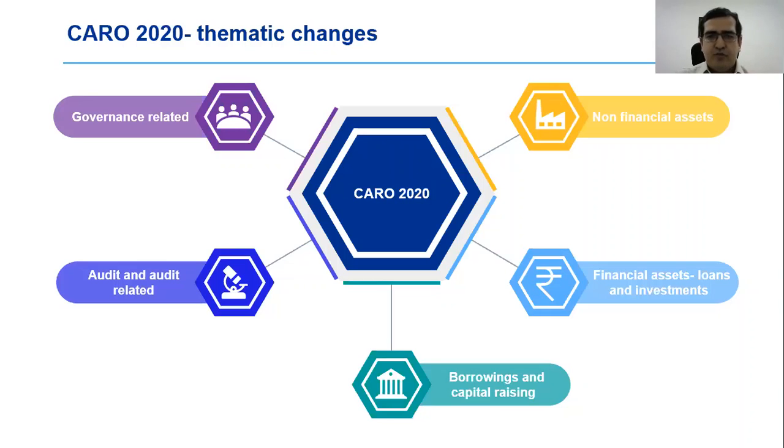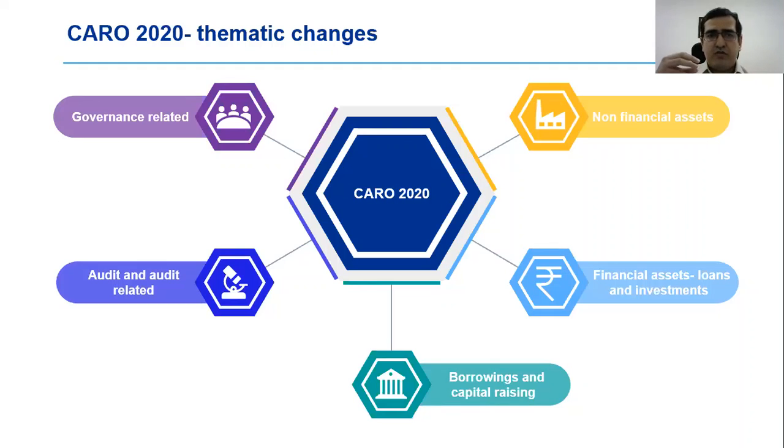So a lot more scrutiny on utilization of assets. If loans have been given to parties, the parties to which loans are given are now not restricted to related parties, but cover any kind of loan that the entity gives, any kind of investment or guarantee that the company makes. So the scope has been significantly enhanced.